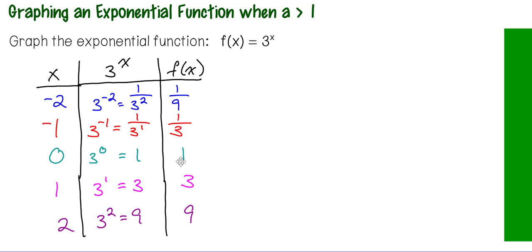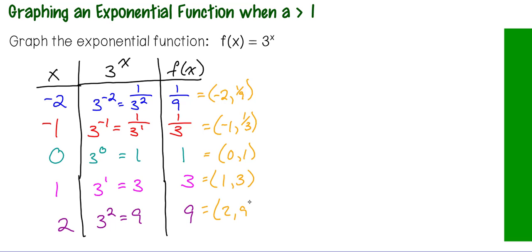So now we want to graph our points. So this would be -2 and 1/9. This would be -1 and 1/3. 0, 1, 1, 3, and 2, 9.